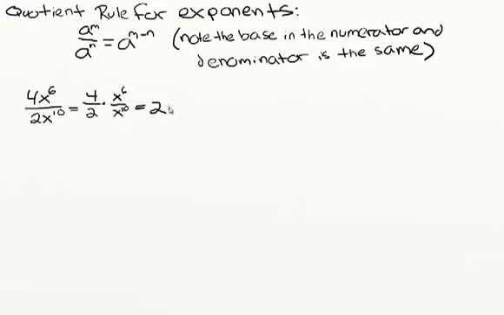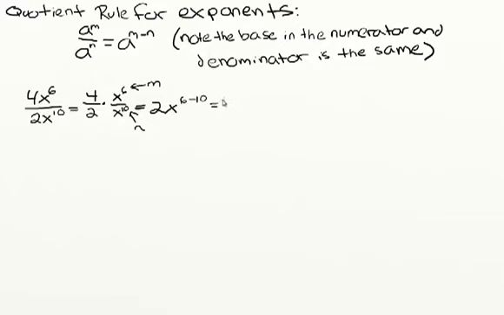Then we have x to the 6th over x to the 10th. So that looks like a candidate for our quotient rule. We have our 6 is going to be our m, and this 10 is going to be our n. So we write our base, and then m minus n is 6 minus 10.